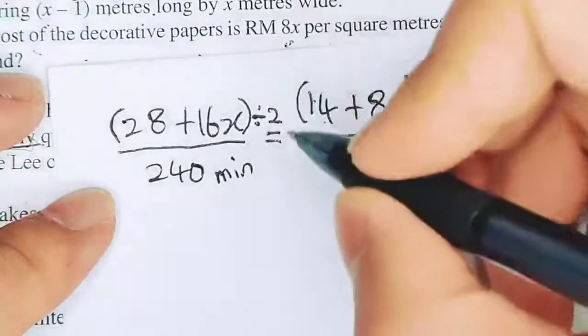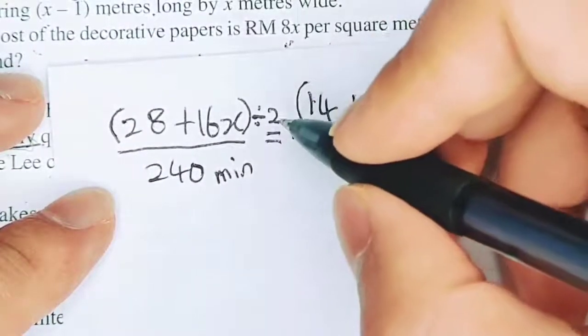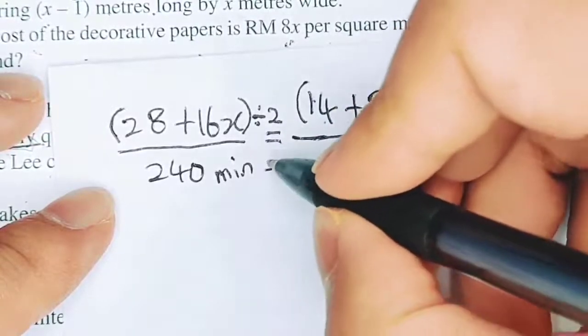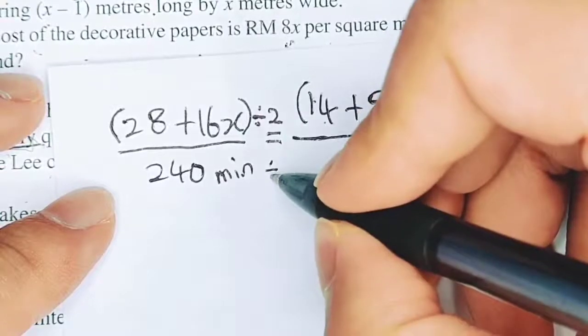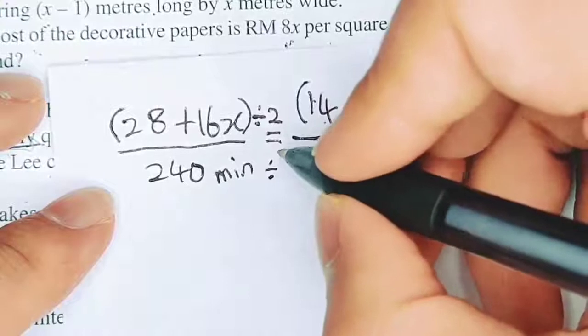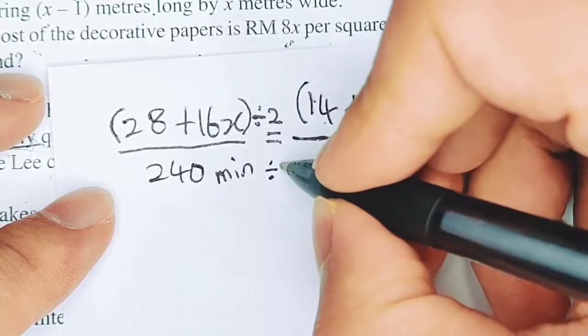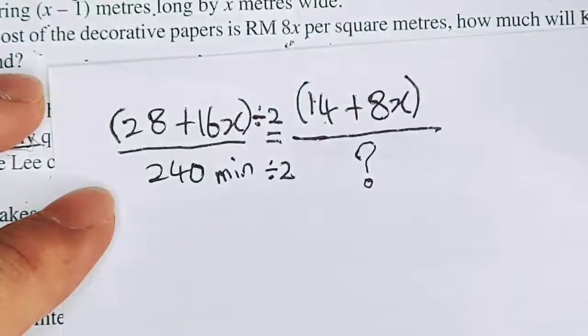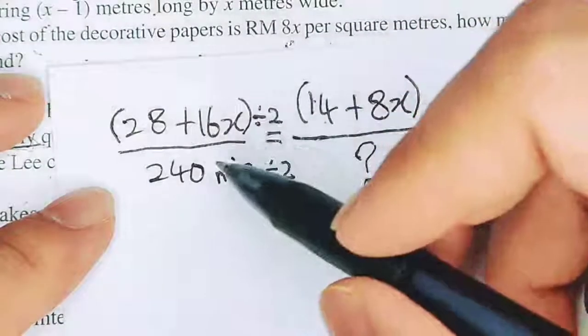And so does the denominator. We have to be fair. We're going to divide by the same number, that is 2. That is the rule.